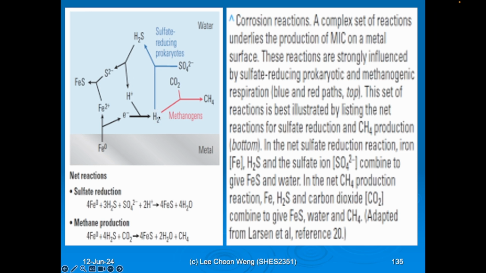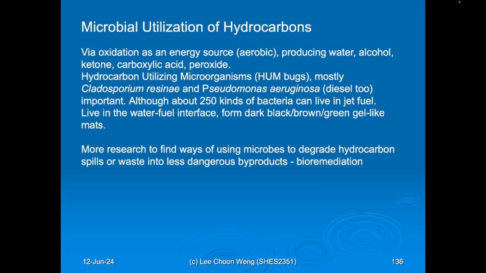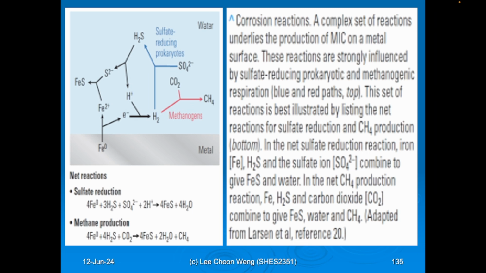So this hydrogen gas can actually react with CO2 to form methane via methanogens, which are also present in petroleum. So both these processes are important in the microbiologically induced corrosion of metal pipes.